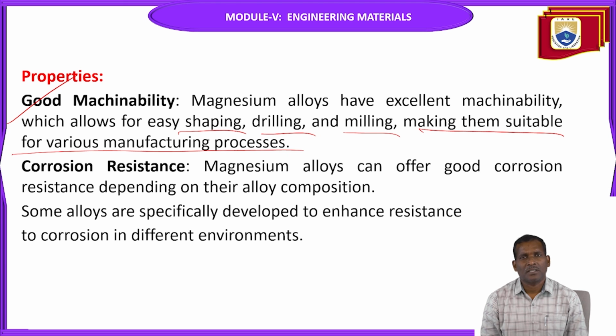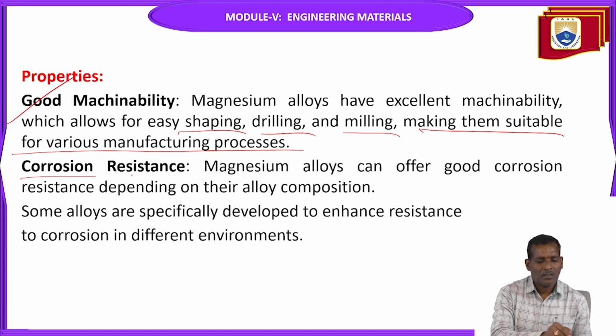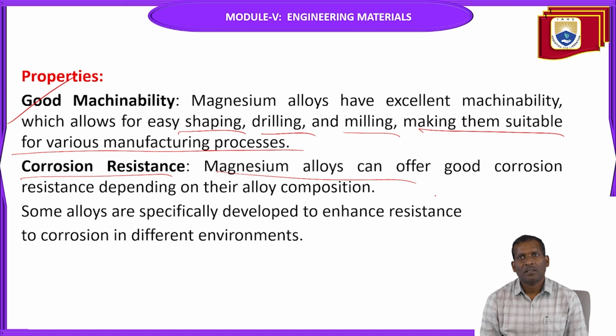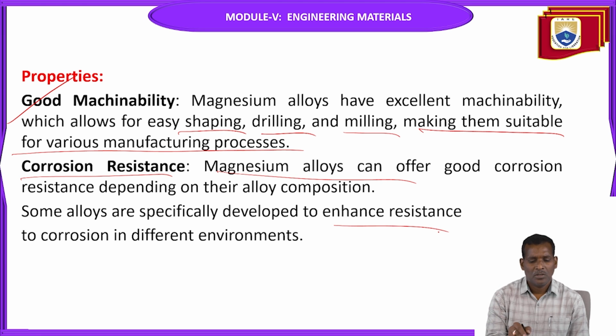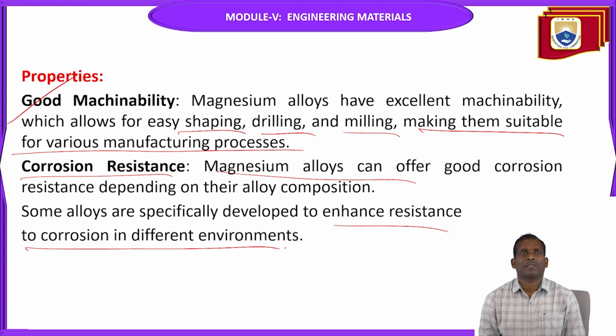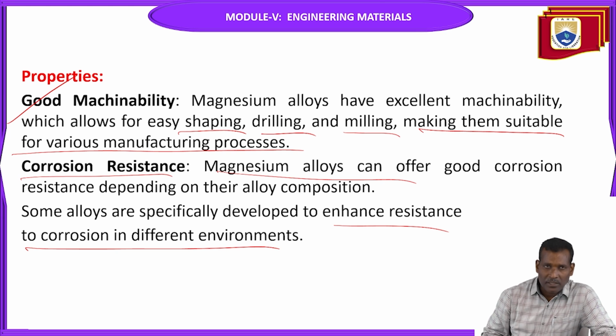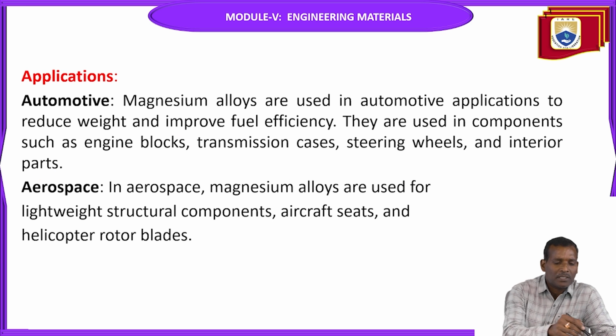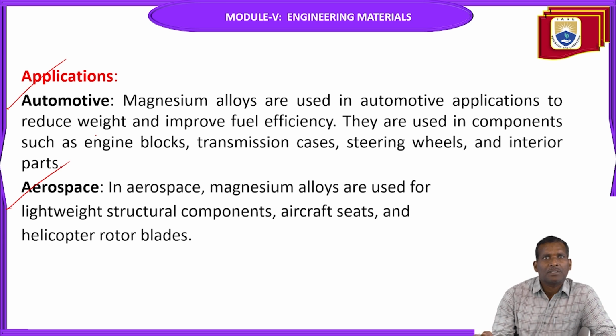The corrosion resistance: magnesium alloys can offer good corrosion resistance depending on their alloy composition. Some alloys are specifically developed to enhance resistance to corrosion in different environments. So having good machinability and corrosion resistance. Next applications are in automotive and aerospace.